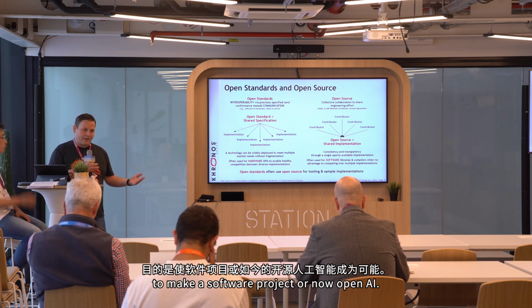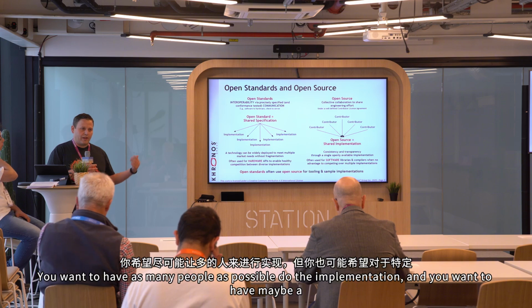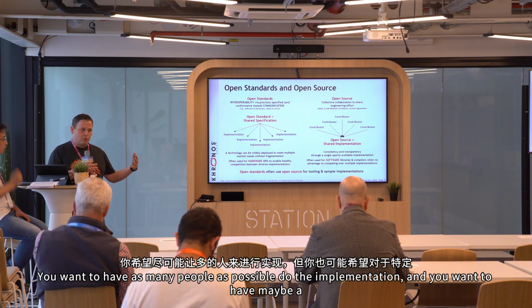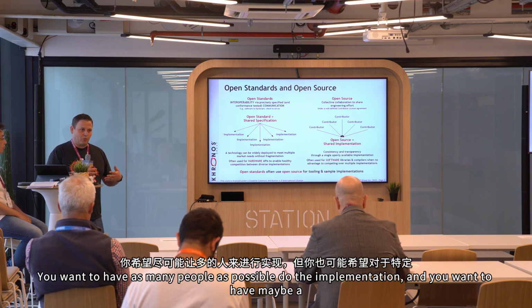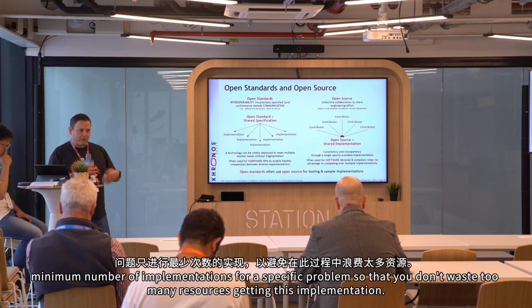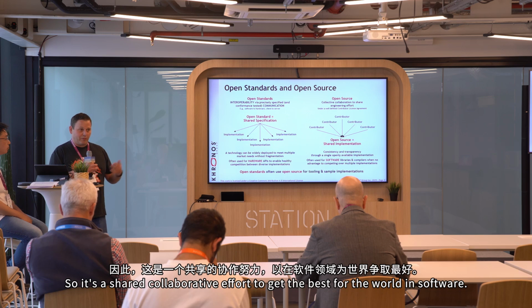You want to have as many people as possible do the implementation, and you want to have a minimum number of implementations for a specific problem so that you don't waste too many resources. So it's a shared collaborative effort to get the best for the world in software.